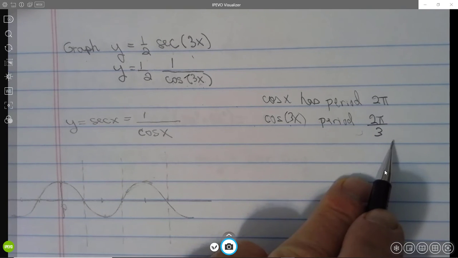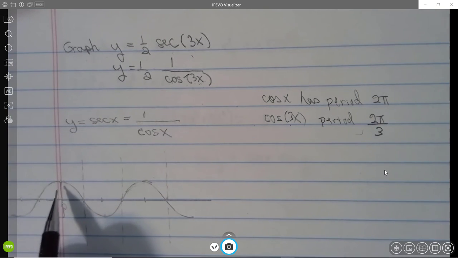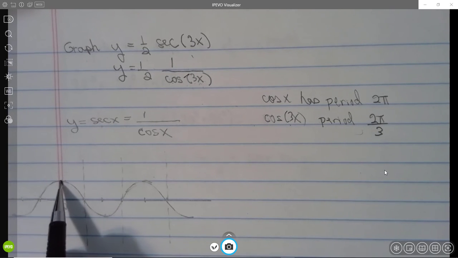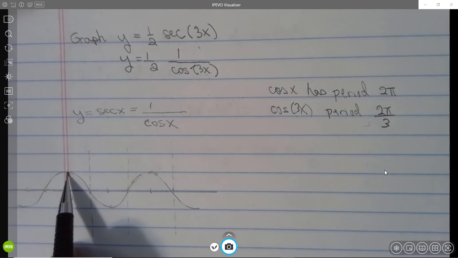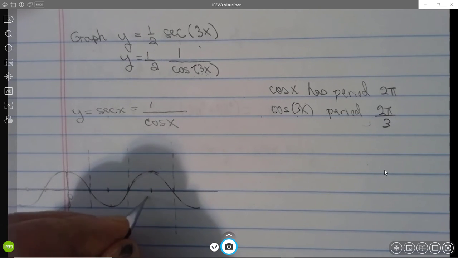So 2 pi over 3 is the full period, and what that means is for the cosine that our secant function is going to be based on, it starts at 1 here, and then it comes back up to 1 again at 2 pi over 3.